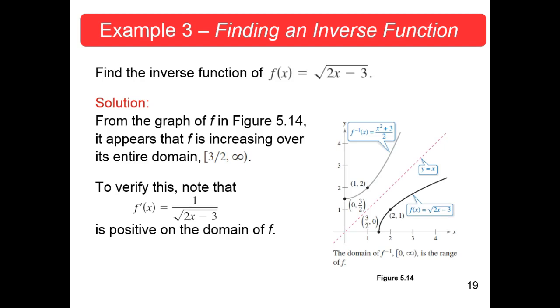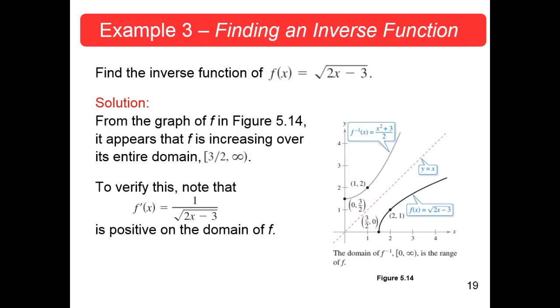How you check to make sure this is strictly increasing, they say take the derivative of this, and that'd be 2 times this thing to the minus 1/2. And you have a minus 1/2 of that, or 1/2 of that, because this is to the 1/2 power, and the 2 and the 1/2 cancel out.